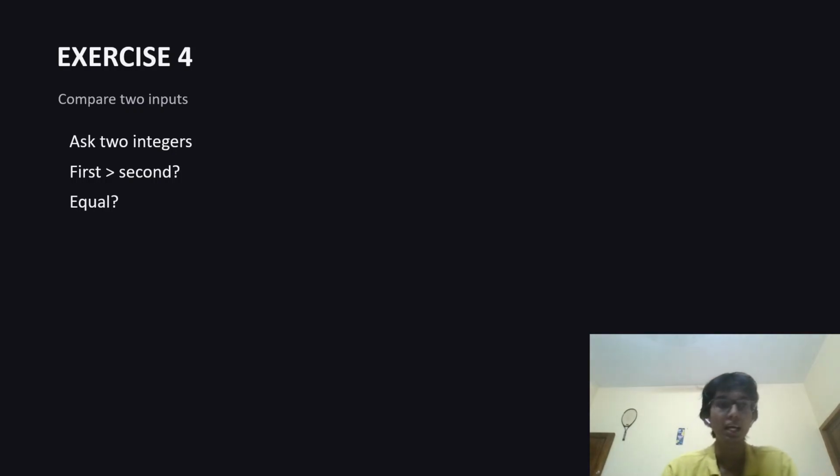Exercise number 4, guys. We have to compare two inputs. We are going to ask for two integers and check whether the first integer is greater than the second, or whether they are equal. Your time starts now, after which I will do the code for you.